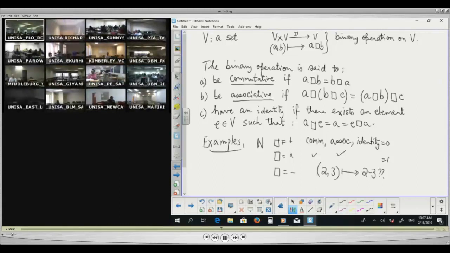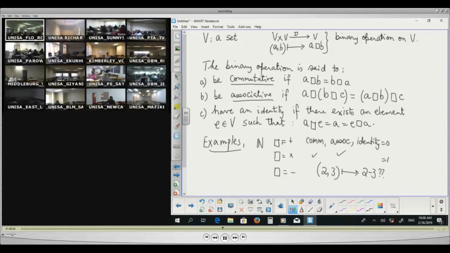Because N will have an inverse if there is an n' so that n plus n' is 0. That n' has to be negative. Right? So it's not there. With multiplication, for n there will be an inverse if there is an n' so that n times n' is 1. Again, it's not possible. Okay? So it doesn't have.